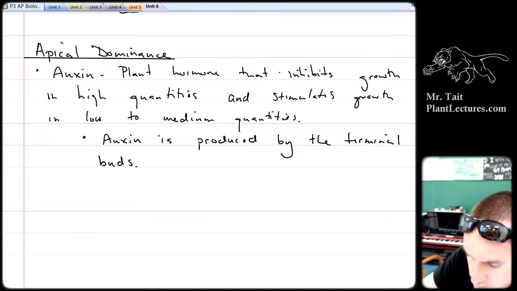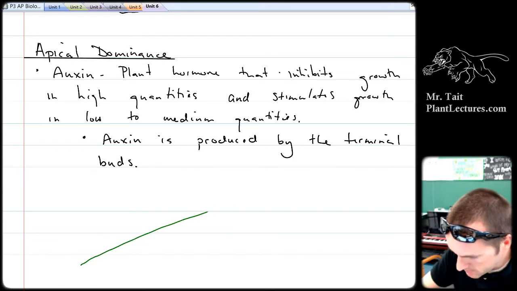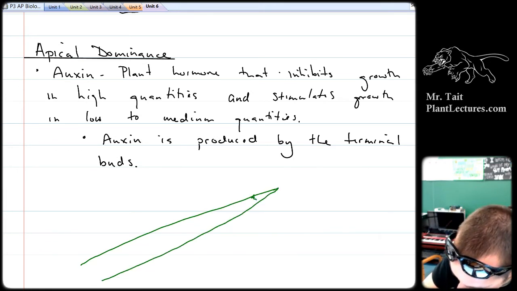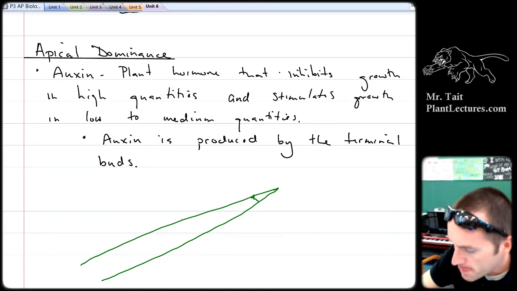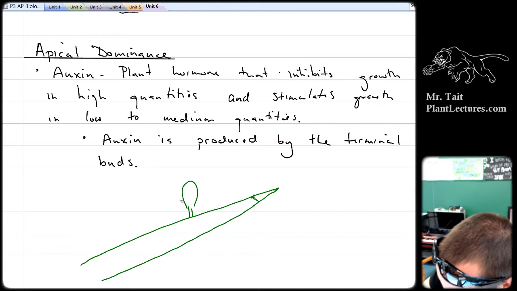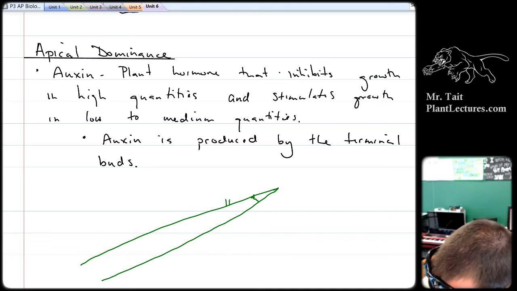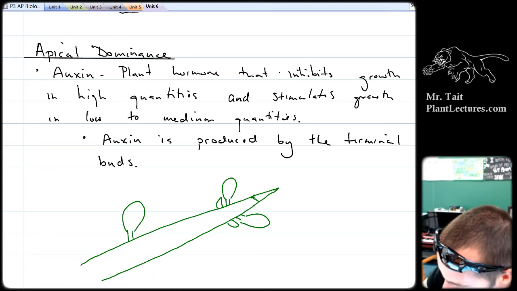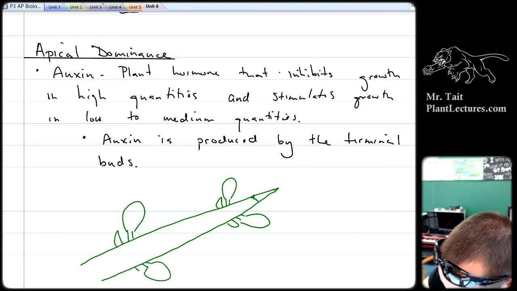So, if we had a stem, here's our terminal bud. Okay, here's our leaf. Let's put one closer. Leaf primordia, axillary buds, leaf primordia, axillary buds.